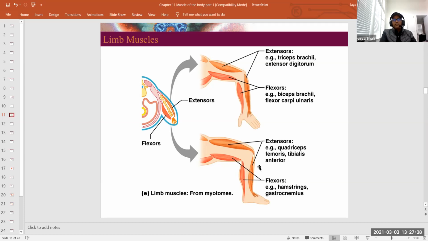So again, check it. All the anterior muscles in the lower limbs are extensor muscles. True or false?